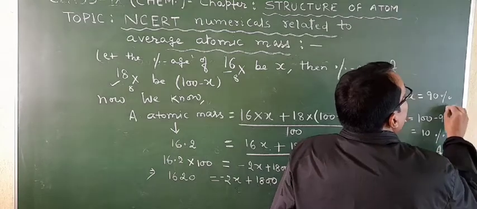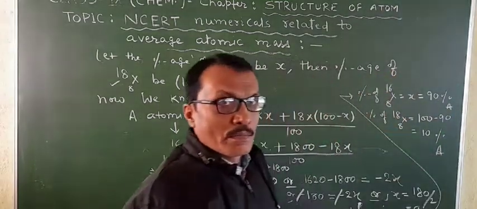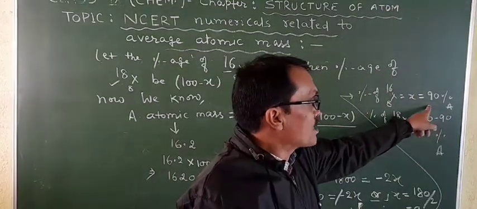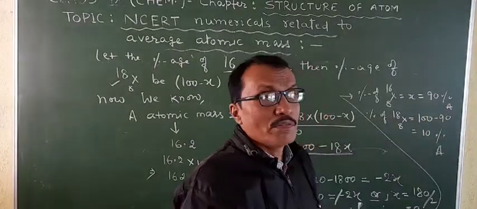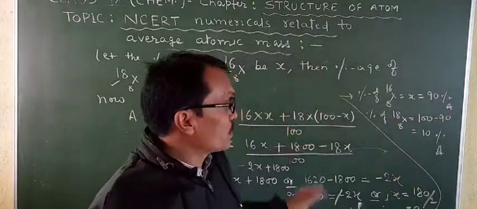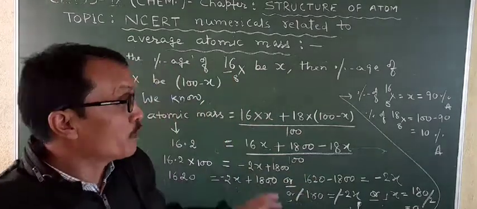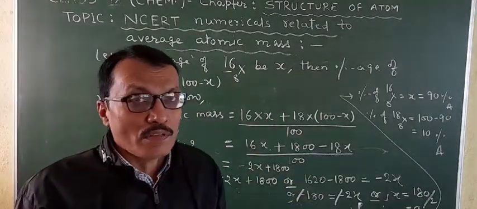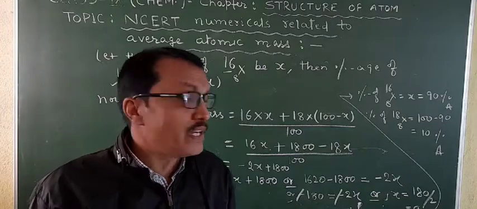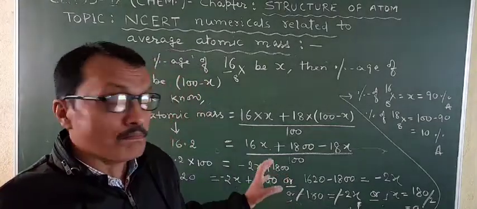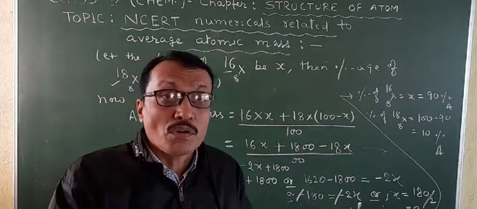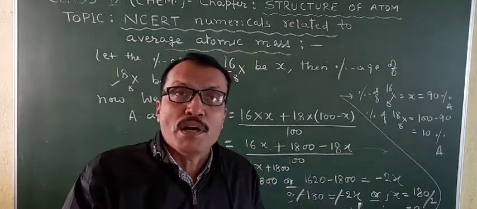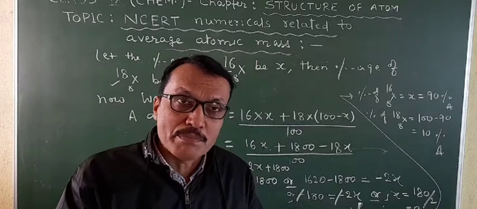So this is the answer: the percentage of one isotope will be 90% and the other isotope will be 10%. So these two questions from this chapter are very important, and you must revise them so that you can solve these questions if asked in your examination.